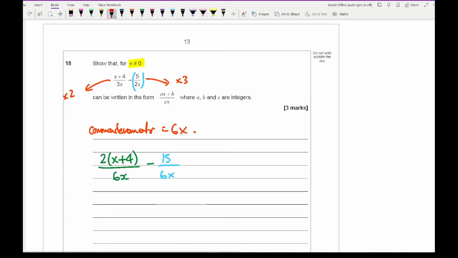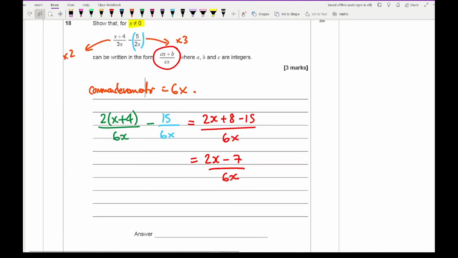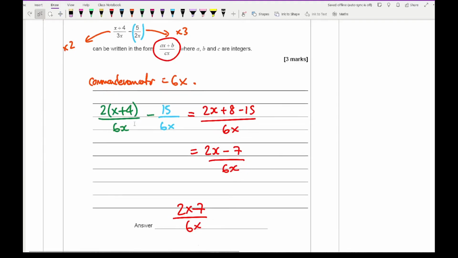Now that the common denominators are the same, I can join the numerators. So I've got 2x plus 8 minus 15, all divided by 6x. Then if I simplify the numerator, I get 2x minus 7 all over 6x. Now I could break that up, but I don't need to, because I need to write it in this form, which I have done. And so the answer then is 2x minus 7 over 6x.